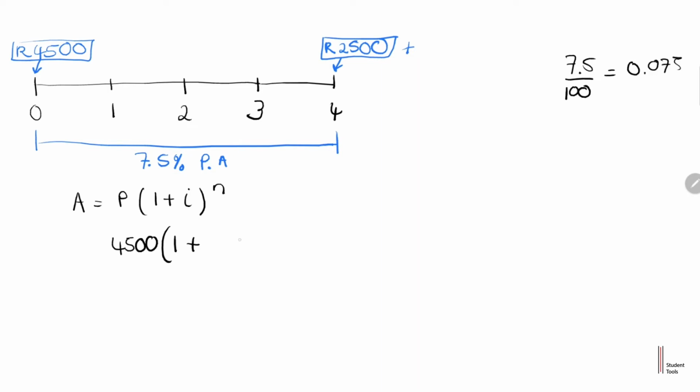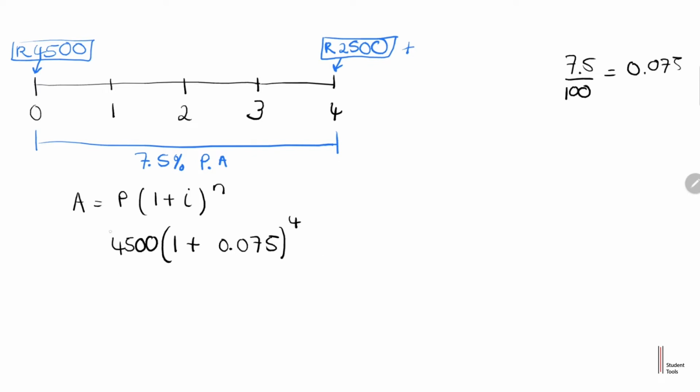So we will put 0.075 over here, and then we close our bracket and to the power n. So how many times? 4 years, because it's compounded annually. So it gains interest annually. Because it's 4 years, that means we will make this to the power 4.